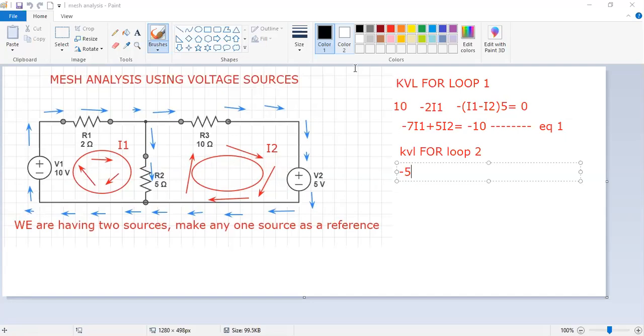And again, we can see for resistance R3, the branch current and my loop current are flowing in the same direction. Then I can say minus I2 into R3. What is R3? That is 10. So minus 10 I2.